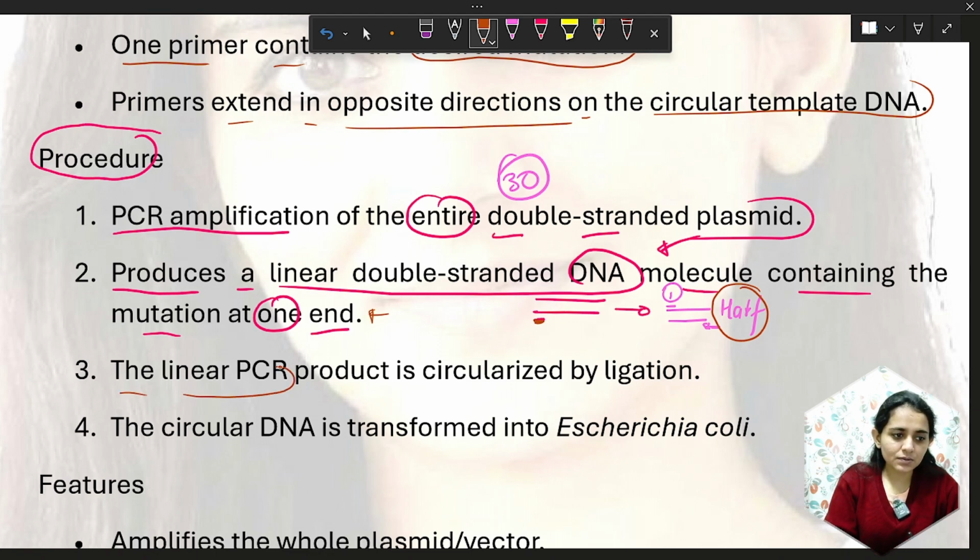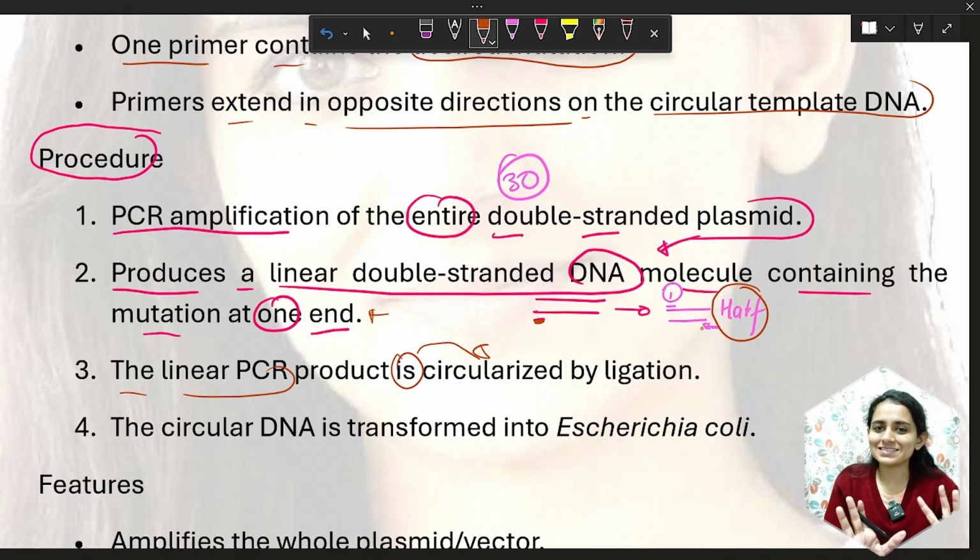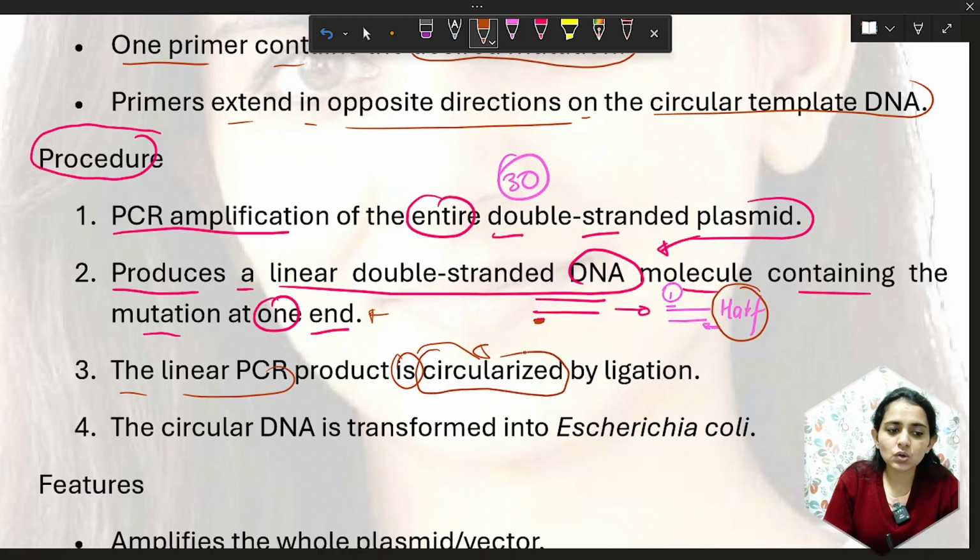So the linear PCR product is then circularized. After the PCR production is done, what do we do? We circularize those strands with the help of ligase. Ligase will attach any nearby strand ends.